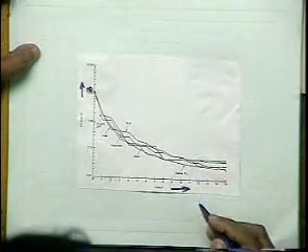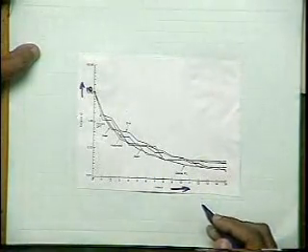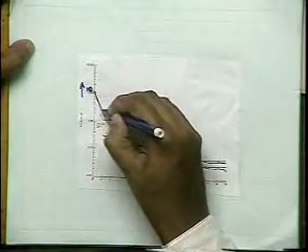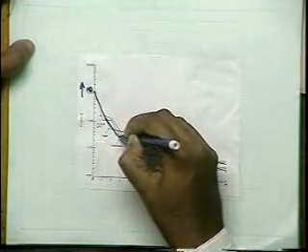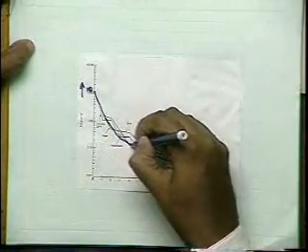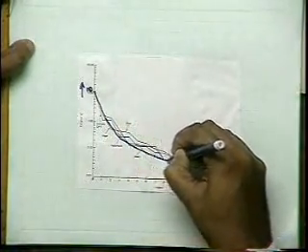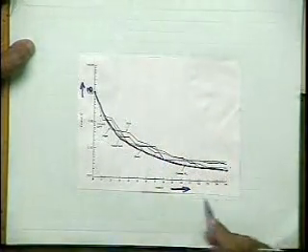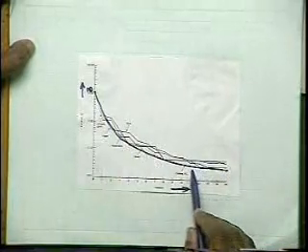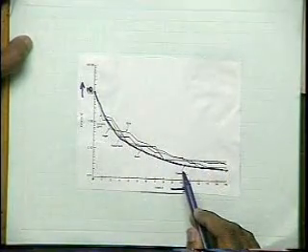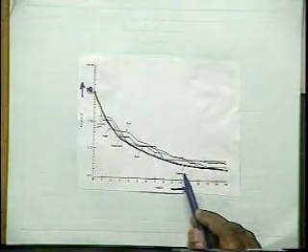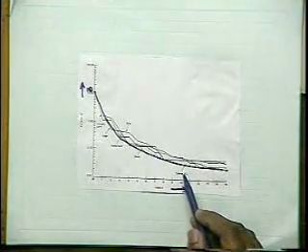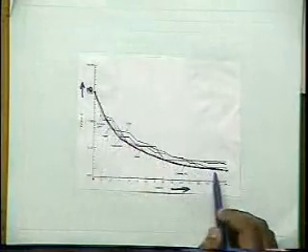At first let us have a look at the cosine transformation and the KL transformation. The curve which I am tracing right now gives us the cosine transformation, and it is almost very closely merging with the KL transformation.